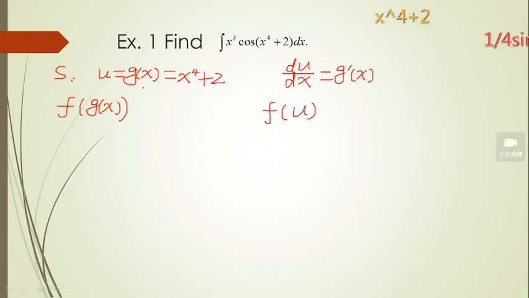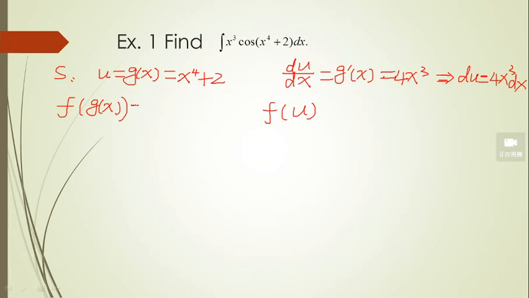Since u is this polynomial, it's pretty easy to take the derivative. du over dx will be 4x cubed. Now you can shift the dx differential term to the right side, so du equals 4x cubed dx.